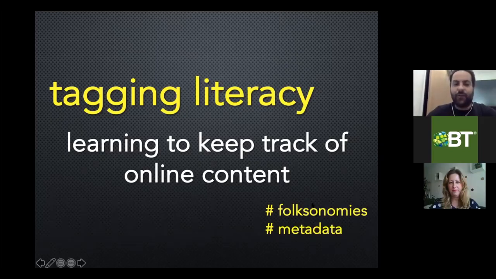Here I have two keywords that might be relevant when talking about tagging literacy, which are folksonomies and metadata. Folksonomies has to do with how you organize the information you find. For instance, if you have lots of favorites in your browser, this happens to me.